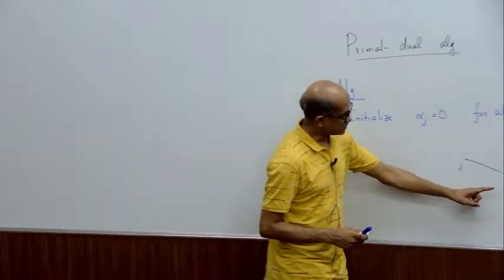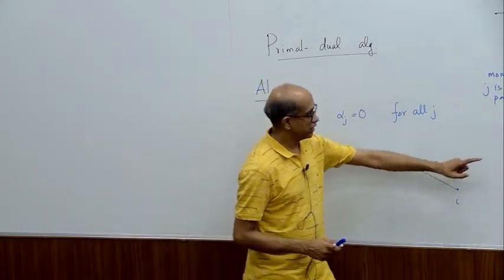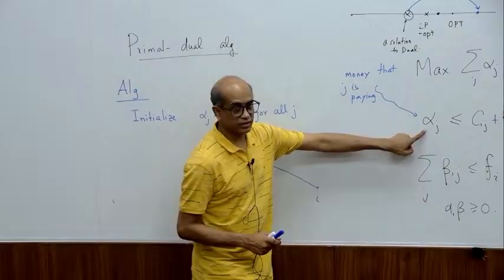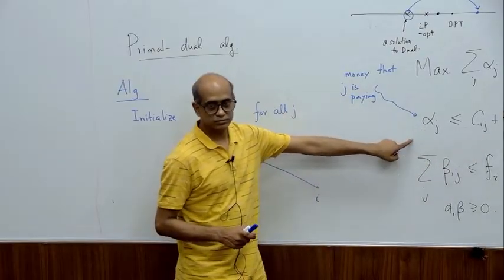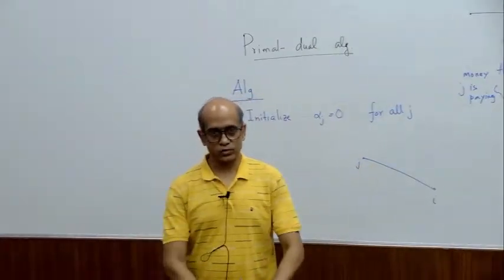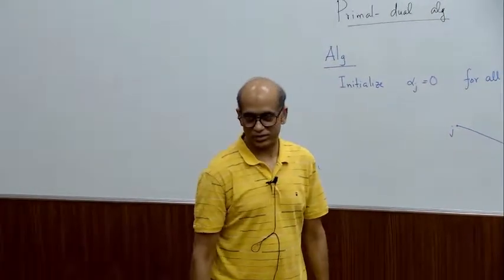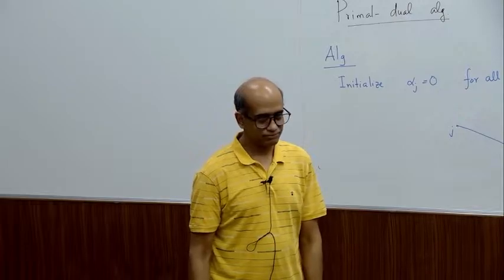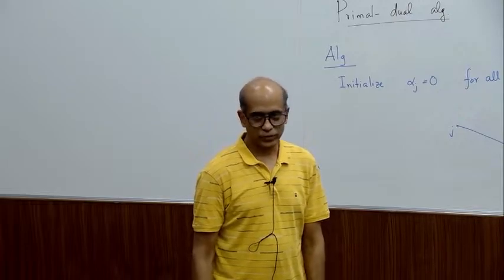When alpha j exceeds Cij, and if I raise alpha j beyond that, then this is an issue. I can't do that. So what should I do? Should I say don't start, or do I have any other lever? What can I do?